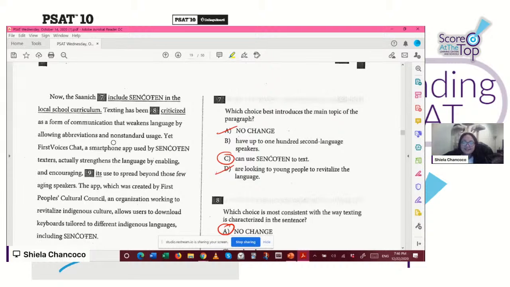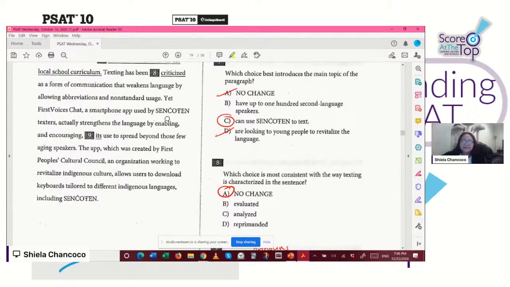Okay, it's something about texting. So how would we connect that main topic to texting? The only one that said that is this one. You see how short it is? I told you, the shortest one always wins. So C, the Salish can use texting. So that's basically the lead-in to the second sentence, right?